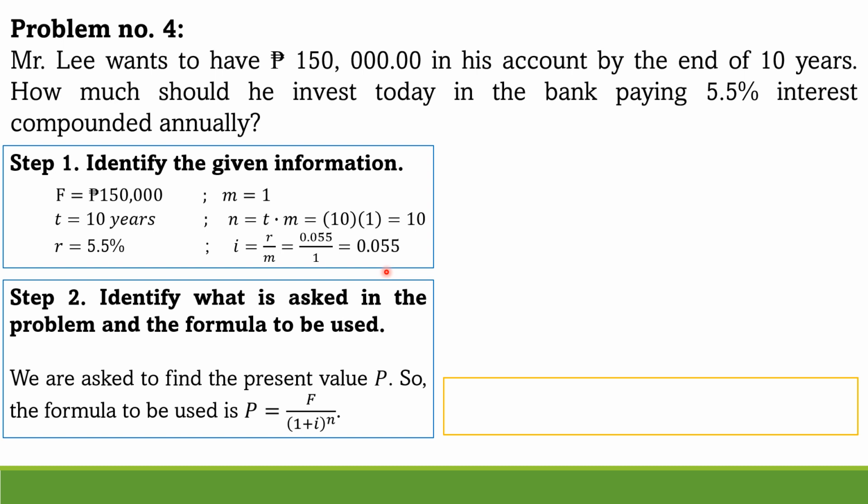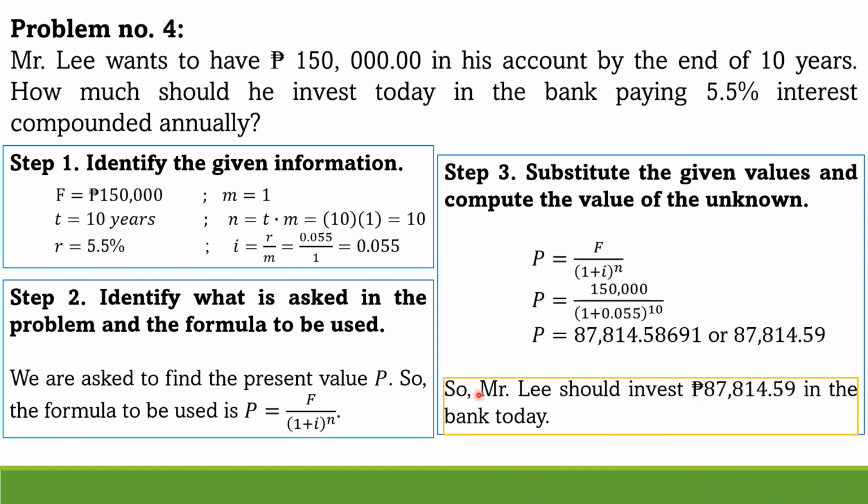Step 2, identify what is unknown in the problem. So, how much should he invest today? Meaning, we are asked to find the present value P. So, the formula is P is equal to F divided by 1 plus I raised to N. So, substitute the given values.